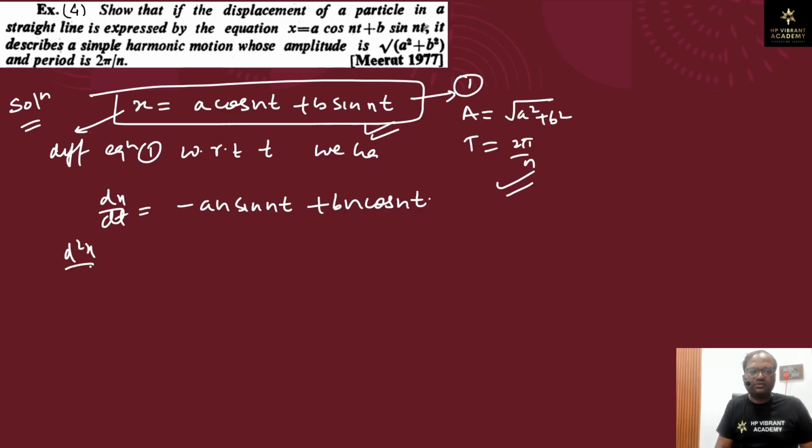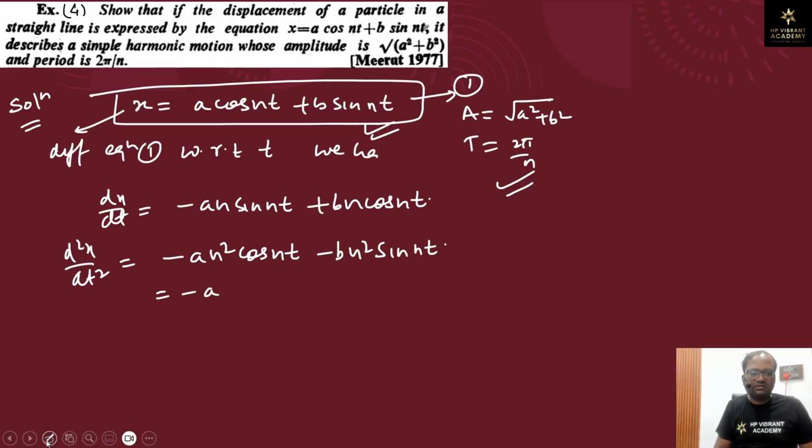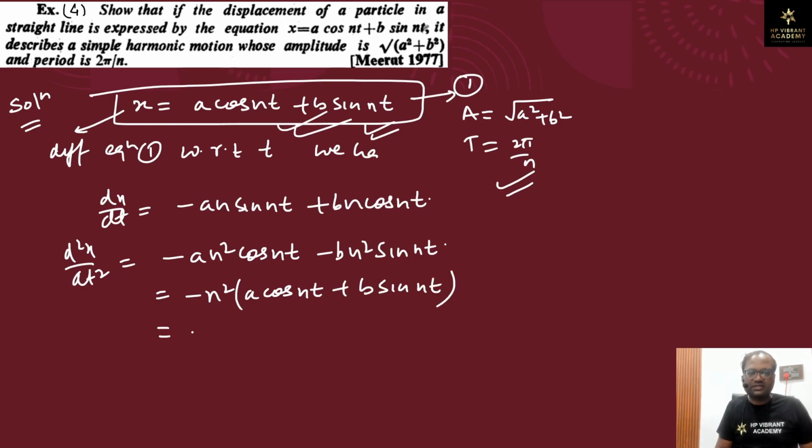So d²x/dt² is equal to minus an² cos nt minus bn² sin nt. Let us take n² as common. So this is minus n² (a cos nt plus b sin nt), and this is equal to x. So let us replace this with x: minus n² into x. This is d²x/dt².